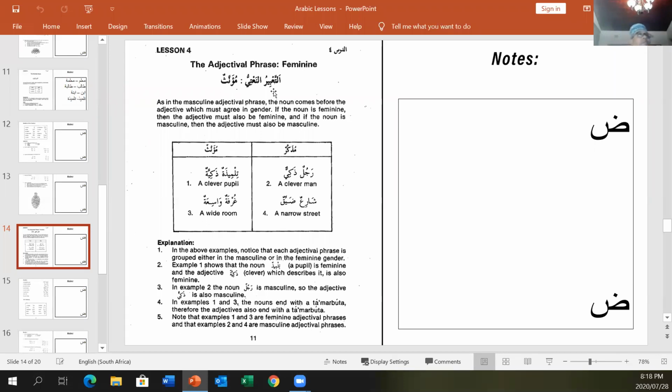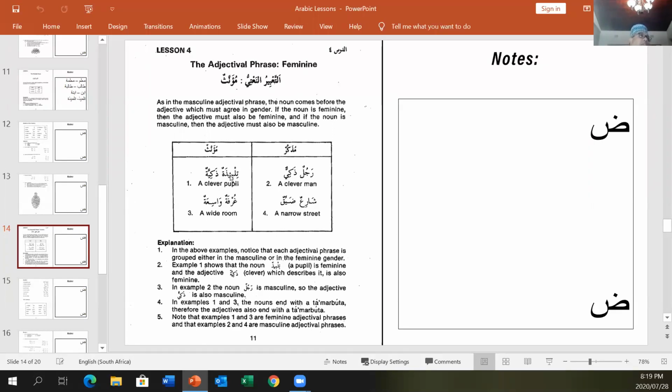Since your noun is masculine, your adjective is masculine, which means it's no longer dhakiyatun, but dhakiyun. Okay, because dhakiyun is the adjective and it means clever, but because it qualifies a masculine noun, it will now have a masculine form of that adjective.